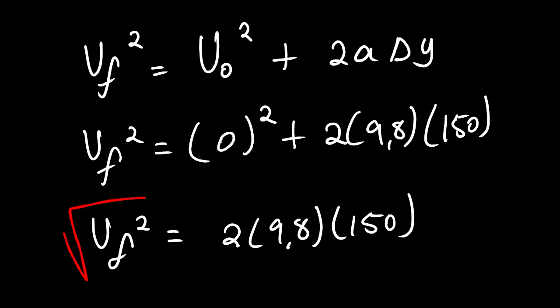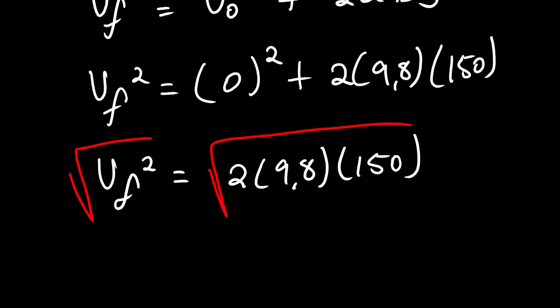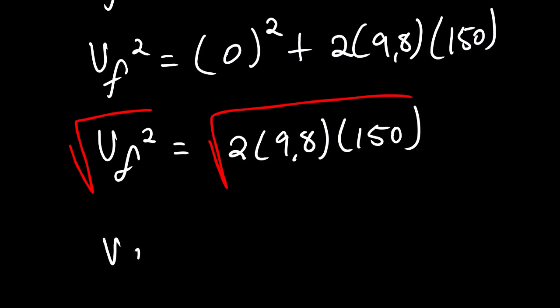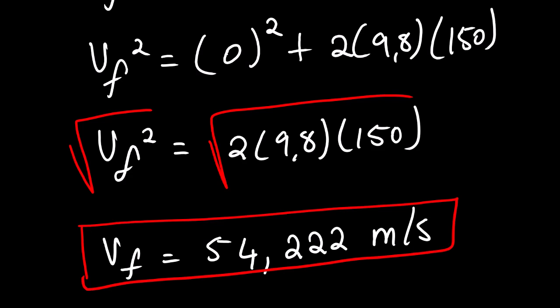Then we need to take the square root of both sides. Vf equals the square root of 2 multiplied by 9.8 multiplied by 150. We are going to have 54.222 meters per second. So this is the impact velocity at point B.